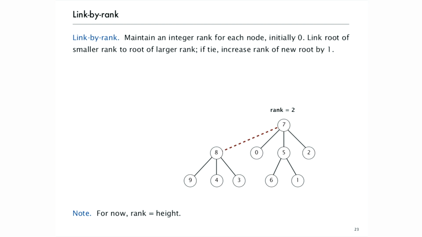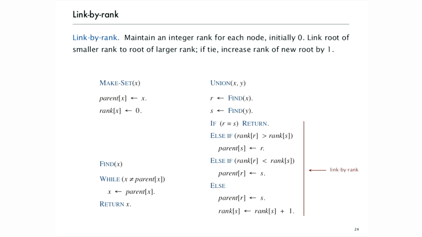In the beginning, rank and height are the same thing, but we will see what happens. What is the height of a single element? 0. So it coincides with the definition of height.